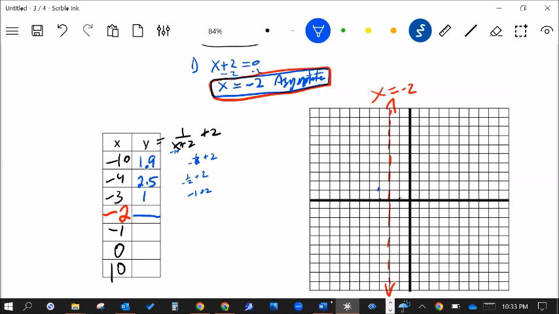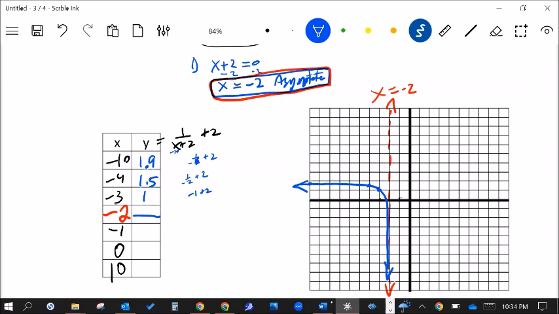At -4, oh, I went the wrong way with this 2. It should have been -1/2, 1.5. Okay, I'm sorry about that. -3 is 1. -4 is 1.5. And -10 is, oh, now see where, once I finally got those numbers right, you see where this is going to graph. So the blue over here is the correct graph for the first part of it.